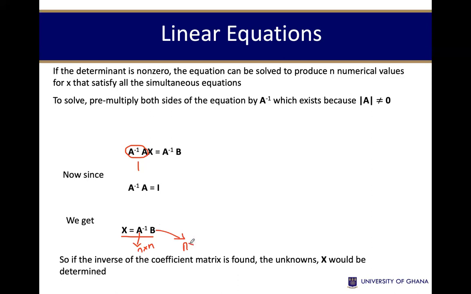So if that is the case, the inner dimensions will agree, and that should lead me to get x to be n by 1. And then I'm good to go. If you switch it and make it B times the inverse of A, it will not work because the inner dimensions will not agree. So always don't forget that it's supposed to be the inverse of A times the matrix B for you to have x with dimension n times 1, n rows, 1 column.